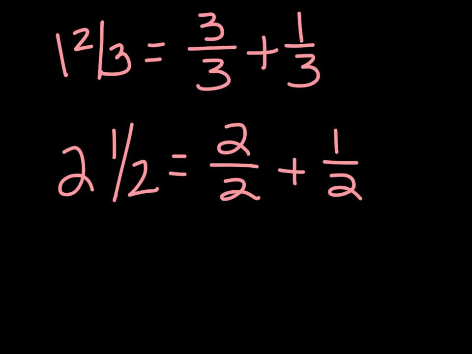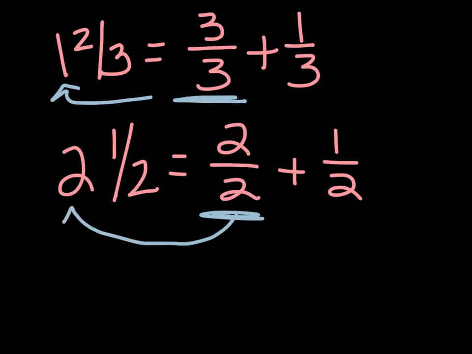We can also do that with mixed numbers. If I have 1 2/3, that would be equal to 3/3, which, remember, this is a whole, so that represents that number right there, plus 1/3. Or, in this next example, I have 2 1/2. That's equal to 2/2, because that's my whole.